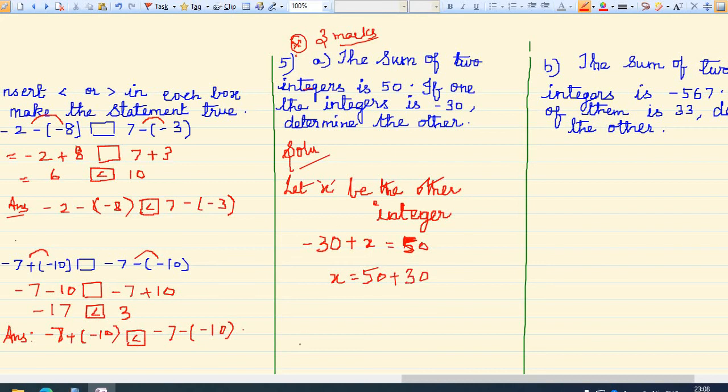Minus 30, when it comes to this side, it become what? Plus 30. So x is equal to here 80. X is equal to 80.